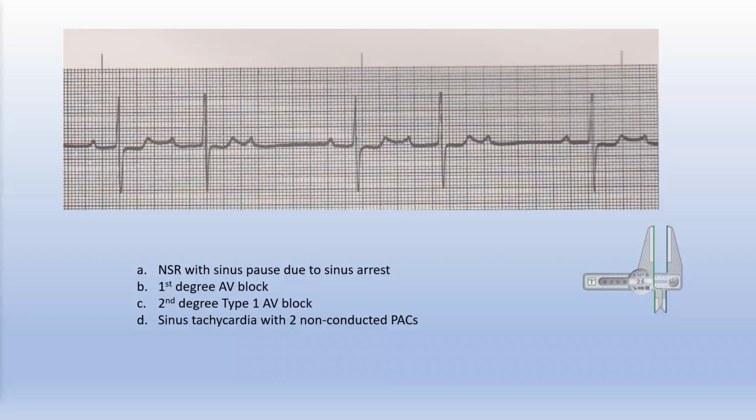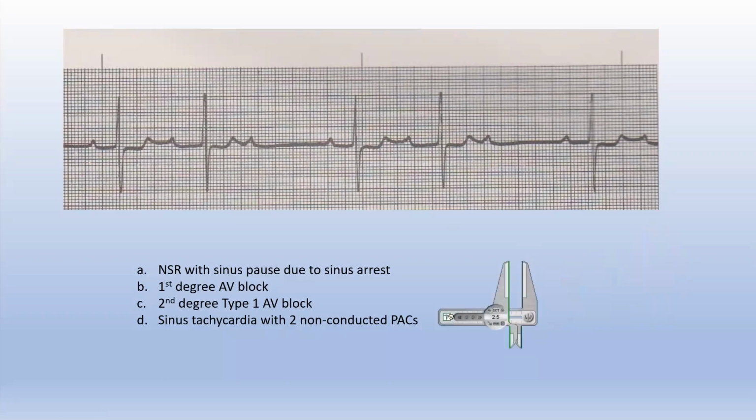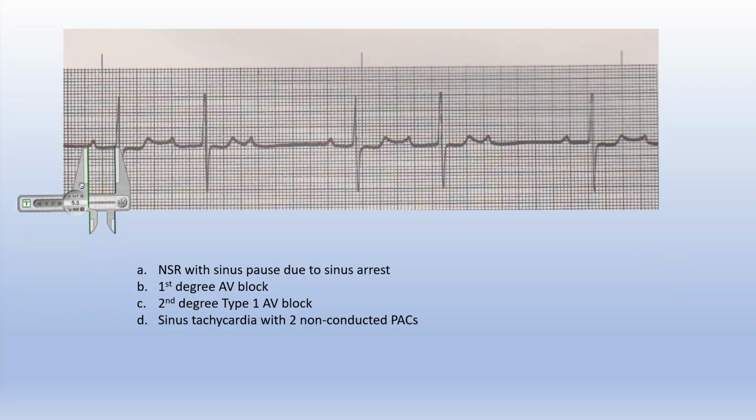Okay, so you have identified that there is an AV block, and the reason why we say that there is an AV block is because of the fact that there are P waves without QRS complexes. So now we're going to look at the pattern of the PR interval. Here's the first PR interval, and here's the second PR interval.